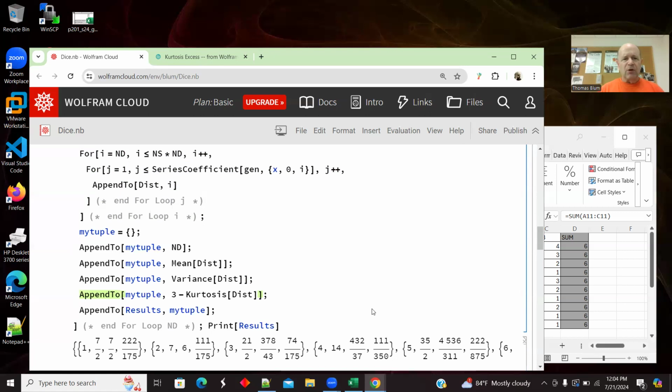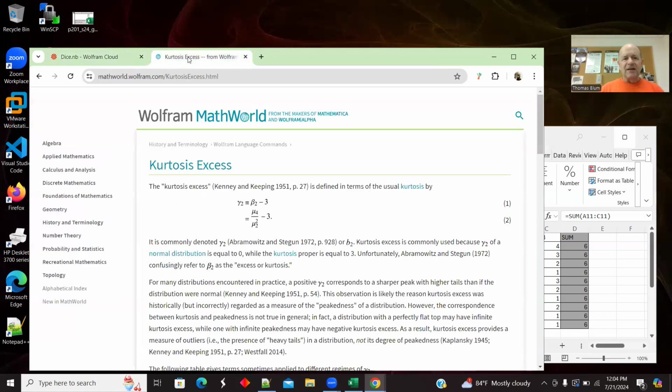And so people will often talk about the excess kurtosis, something that heads toward 0 as something becomes more normal. And so we think that as we add dice, the distribution of dice tends towards a normal distribution.